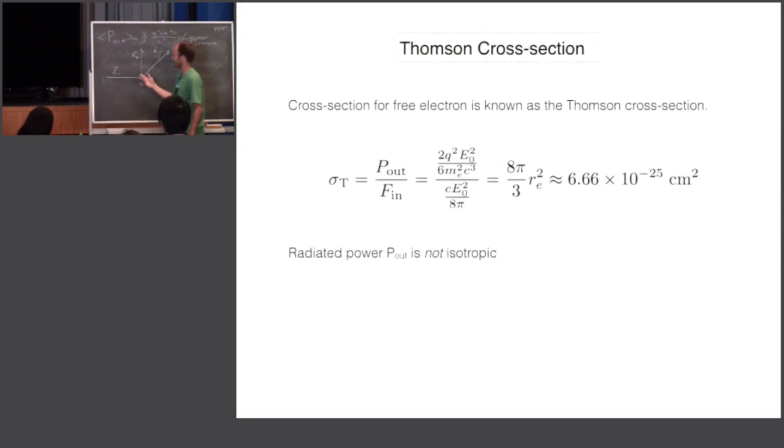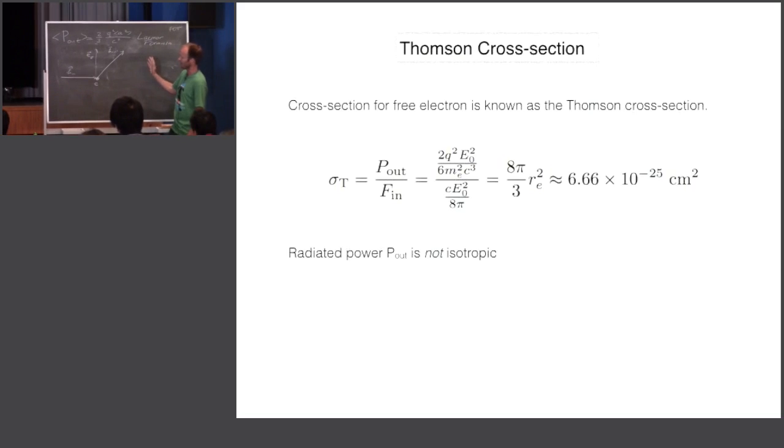So you can say, okay, since this observer is not seeing the electron oscillate, there is no acceleration associated with the electron, there is no associated power emitted in this direction, right? So that's a way to see it. But on the other hand, if the observer were to sit here, they would see the full acceleration of the electron, and they would see the full emitted power given by this equation, right?